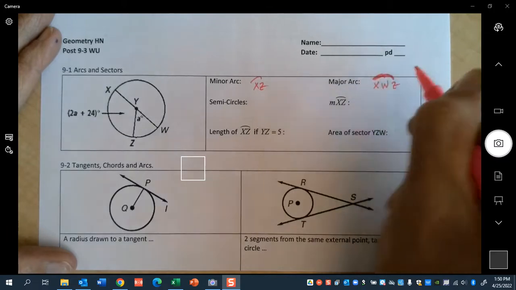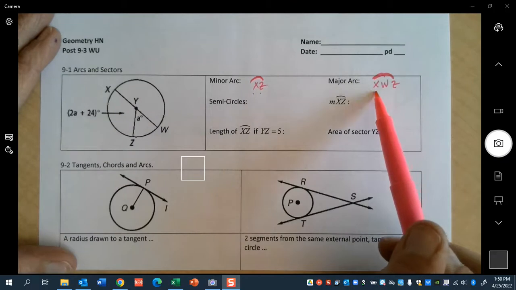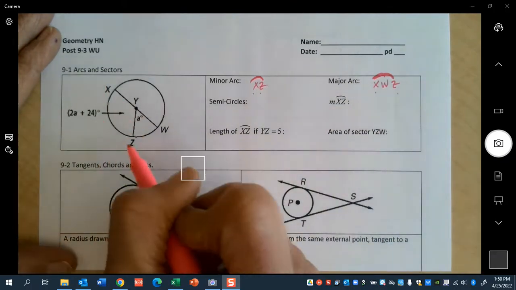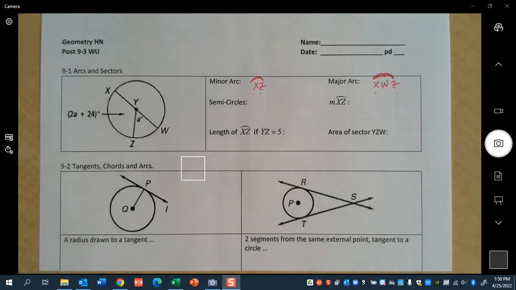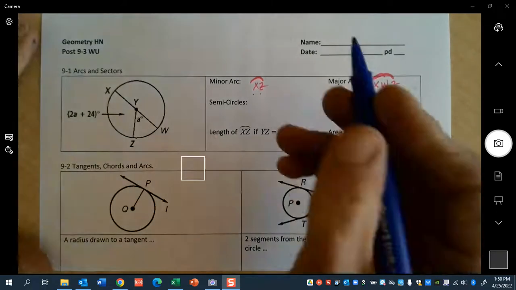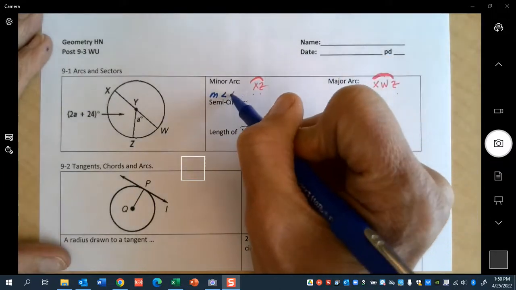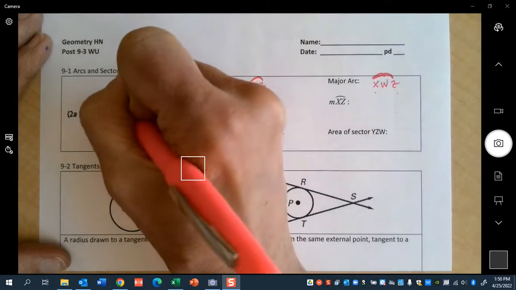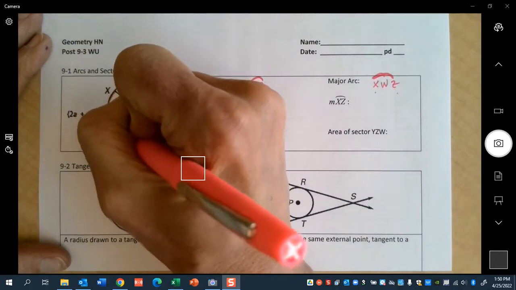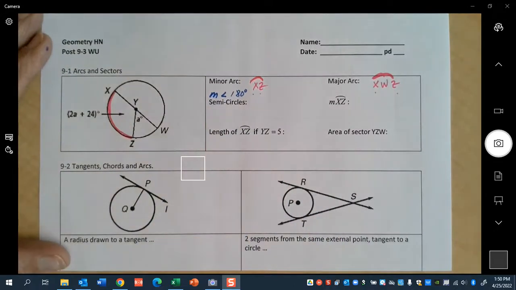And I want you to notice for each of these arcs, they both stop and start with X and Z. So how do you know which way to go around the circle? Your minor arc has a measure that's always what? Lower than 180 degrees. So when I'm talking about this minor arc, XZ, I'm talking about this guy right here.